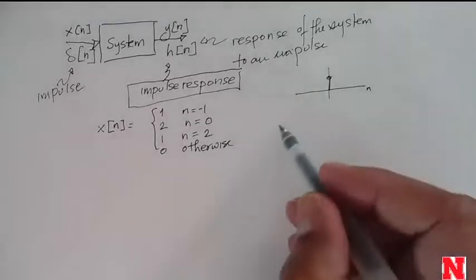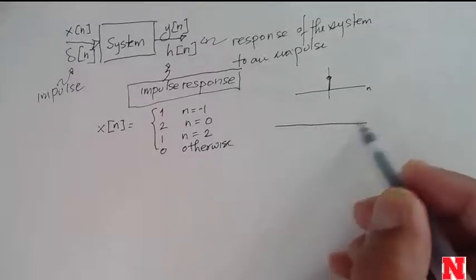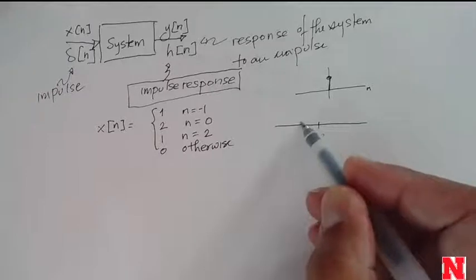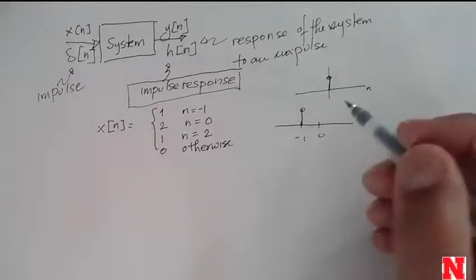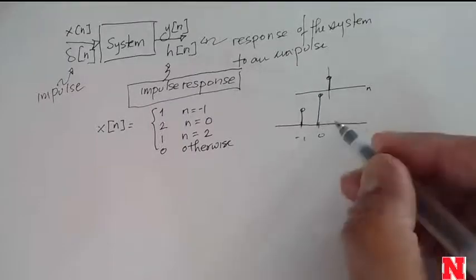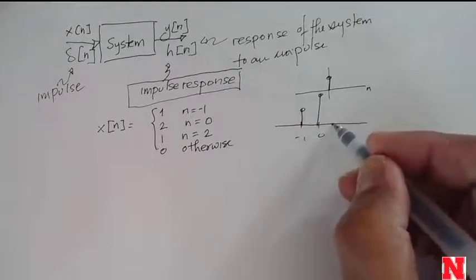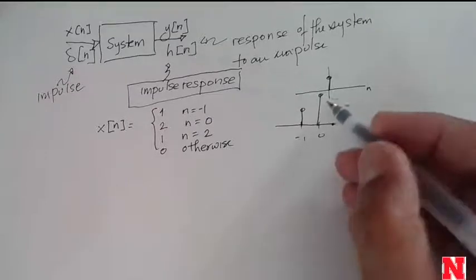So if you think about it, here is 0, here is minus 1, so it's 1 for n equals minus 1, and it's 2 for n equals 0, and it's 0 for n equals 1, and it's 1 for n equals 2. So this is what x of n looks like.